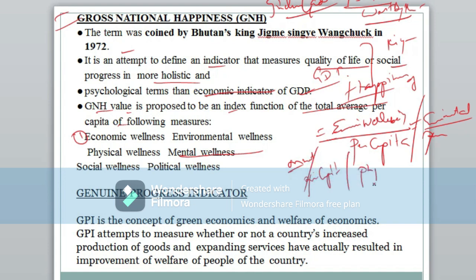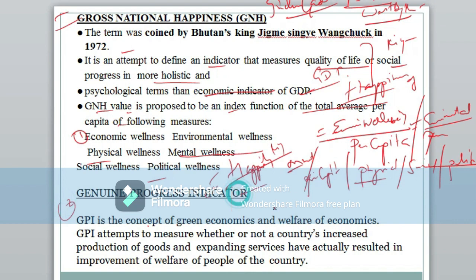It is also physical well-being, your disease-free life, and also social well-being and political well-being. So these six factors mostly constitute the gross national happiness of a country. That country is progressing, developing, and growing. But whether the population of such a country is happy and happily living or not, that is the matter of this index.